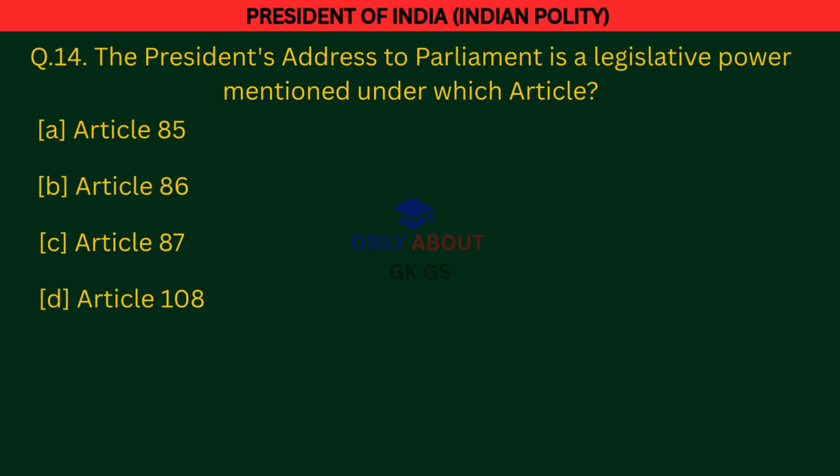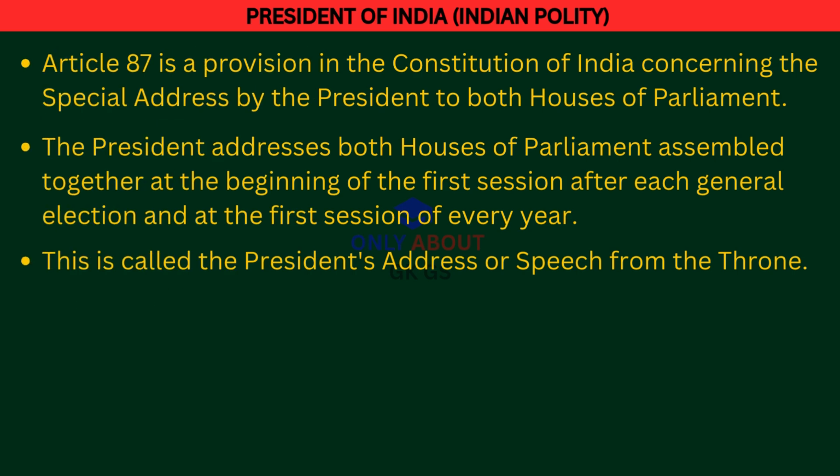bills. Next question. The President's address to Parliament is a legislative power mentioned under which article? Correct answer: Article 87. Article 87 is a provision in the Constitution of India concerning the special address by the President to both Houses of Parliament.